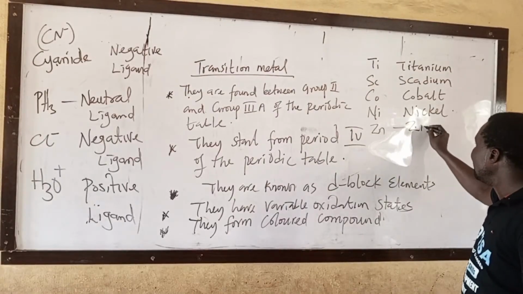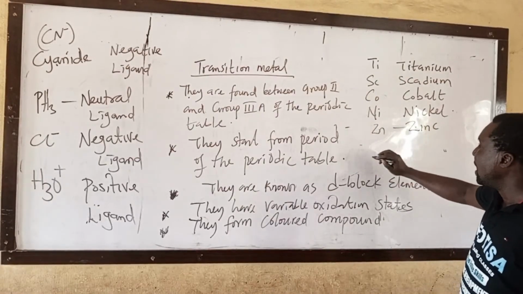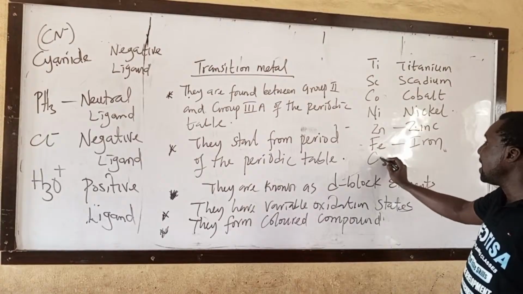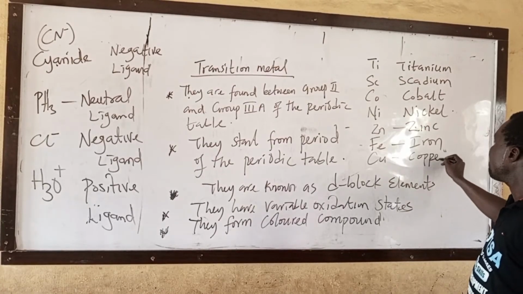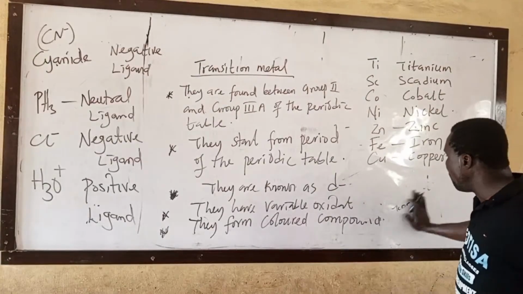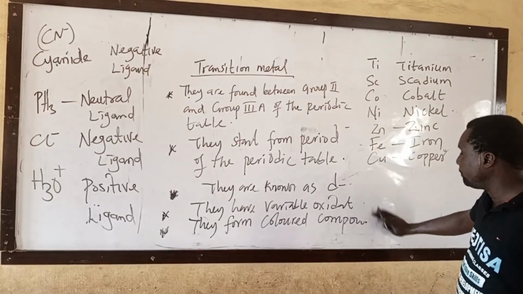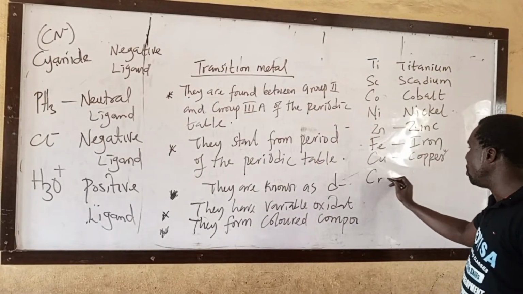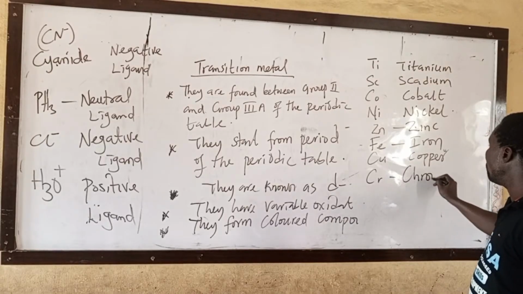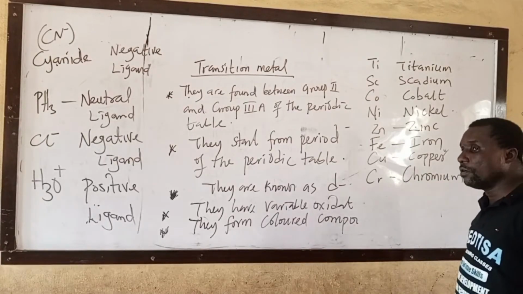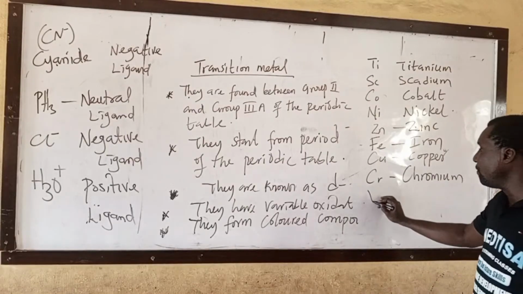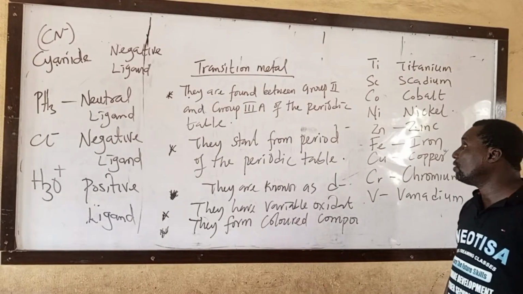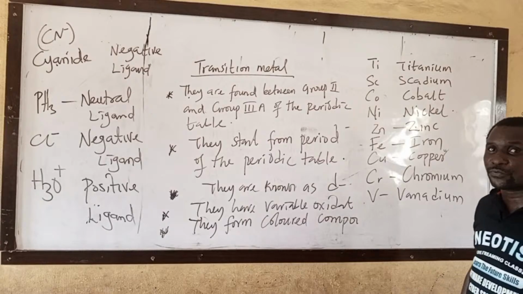Zinc, iron, Cu, copper, chromium, vanadium. These are the first period 4.